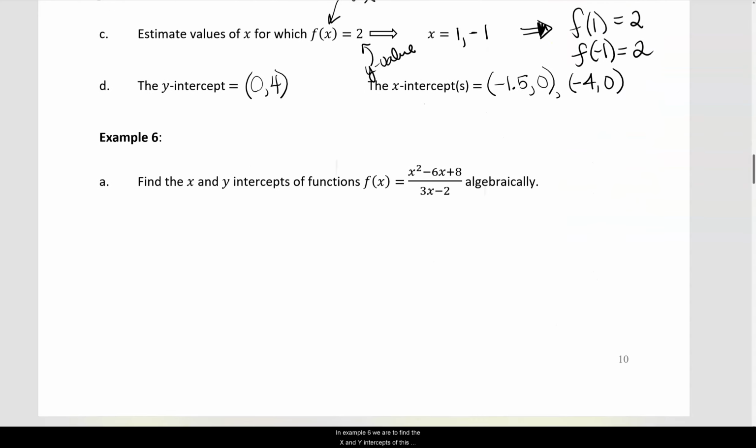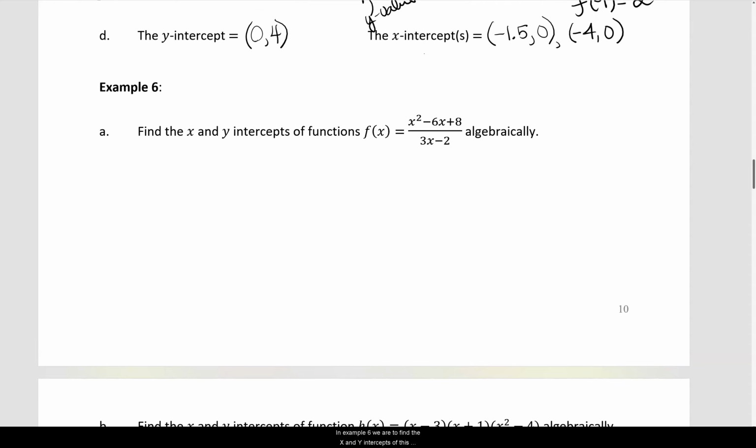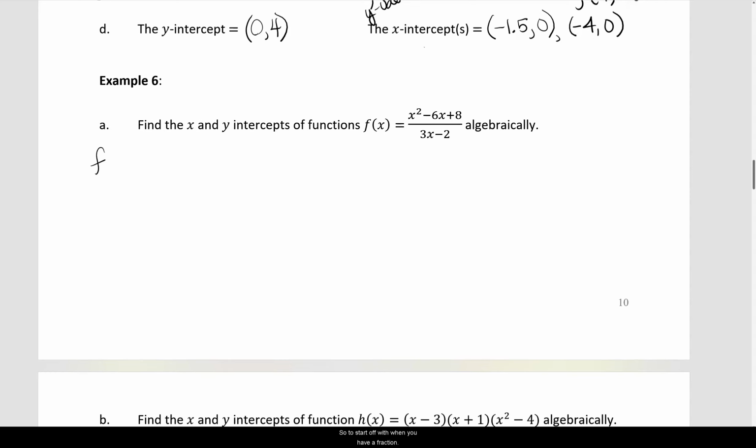In example 6, we are to find the x and y intercepts of this rational function. Now, when we work with rational functions, we have to pull out a lot of our information regarding how to work with fractional equations. So to start off, let me remind you, you cannot divide by 0.